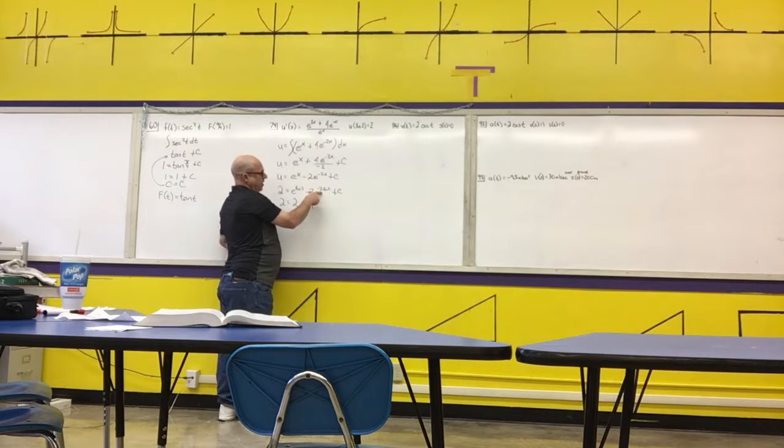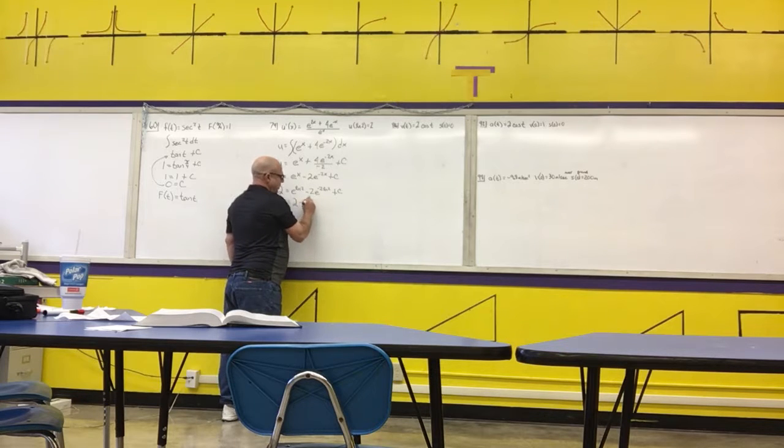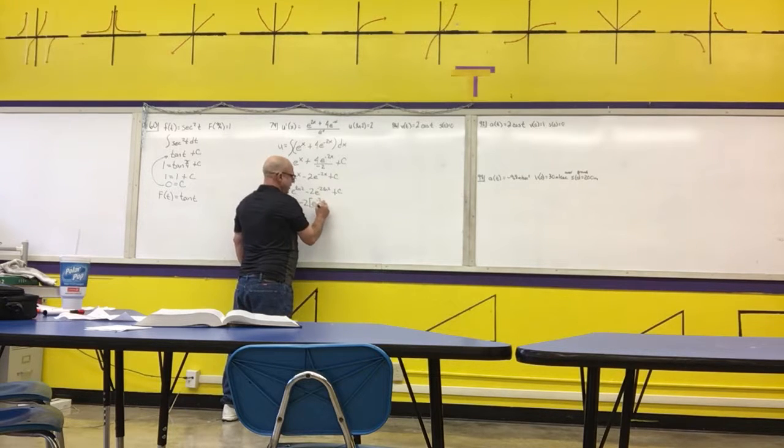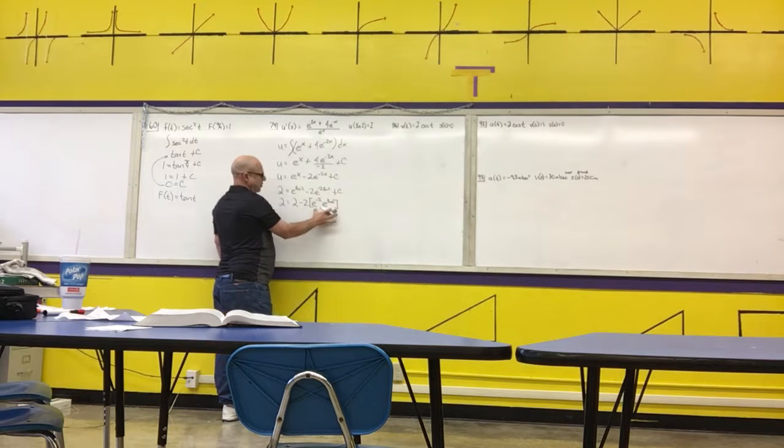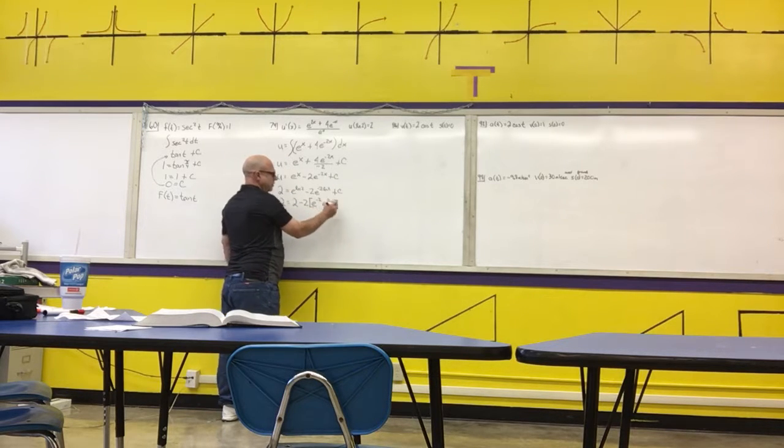This one right here, we need to use our properties of exponents. And with the properties of exponents, this can be written as e to the negative 2 times e to the natural log of 2. Notice I put that inside of parentheses.